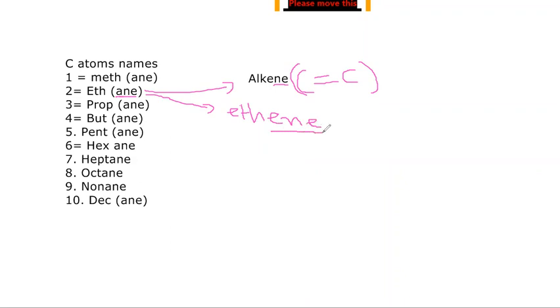Remember, ethene indicates that this is a hydrocarbon which belongs to the alkene group. Now I am putting the structure as it is. It will form the carbon-carbon double bond over here, so again the carbon atoms are two.